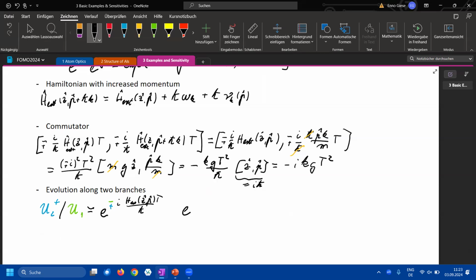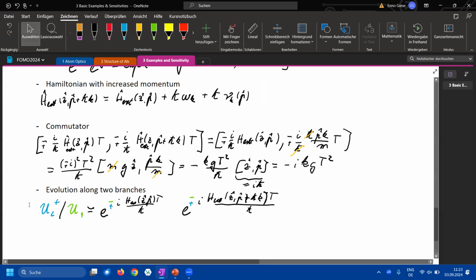And the second contribution is e to the, again, minus for the U1 or plus for U2, i times H external of z and p plus h bar k, divided by h bar times T.